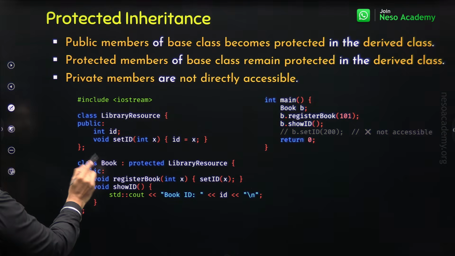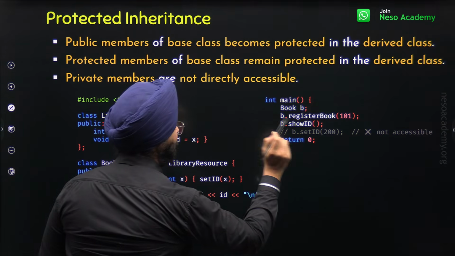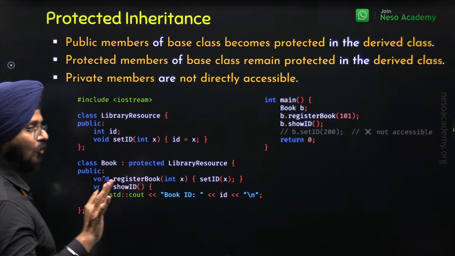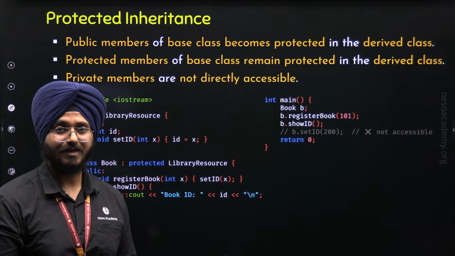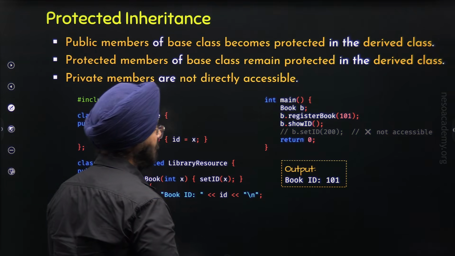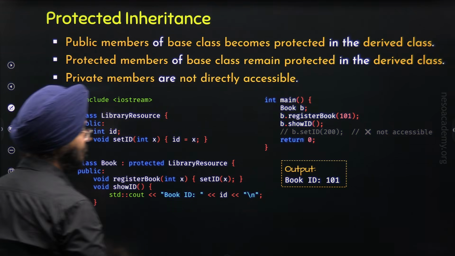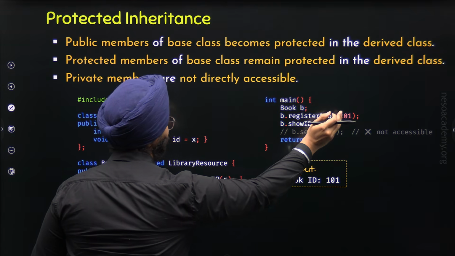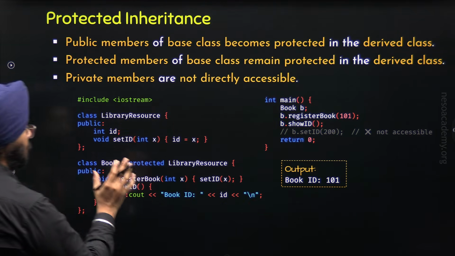Therefore, through the object of this class, we cannot access the setID function. I hope this idea is clear to you. Now, when we execute this program, we will get the output as expected, book ID 101, because we have set the book ID to 101 with the help of the registerBook function.